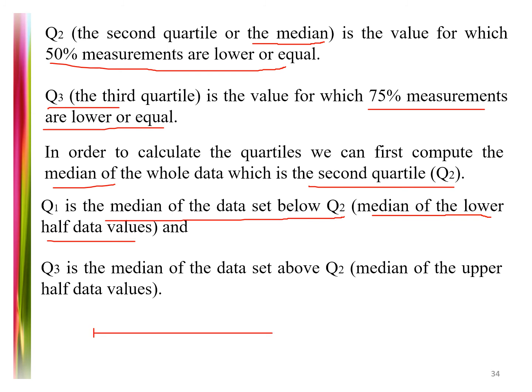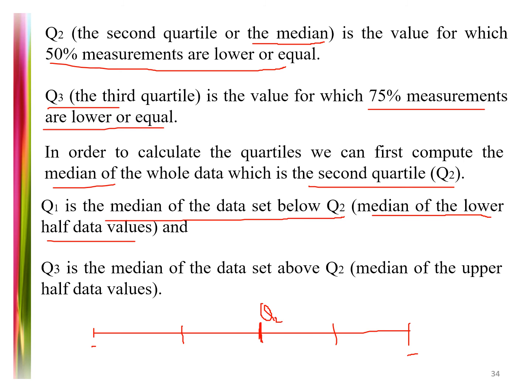For example, this is the data, divided into partitions. This is the minimum value here, maximum value here. First calculate the midpoint, the median of the whole data. So that is Q2.